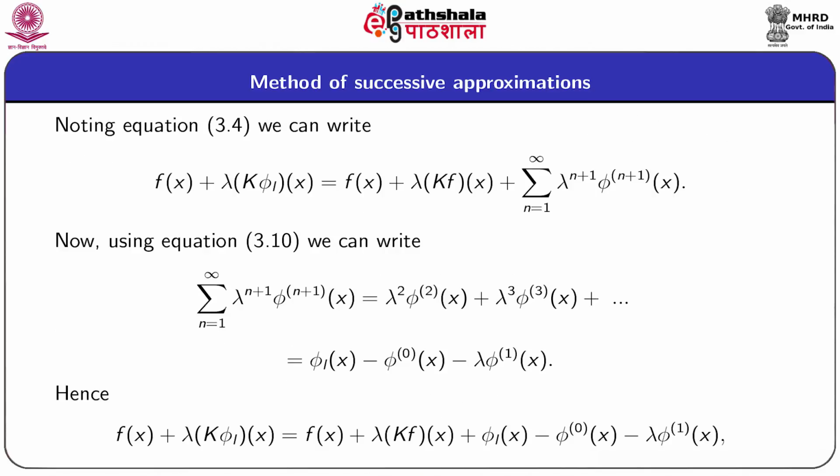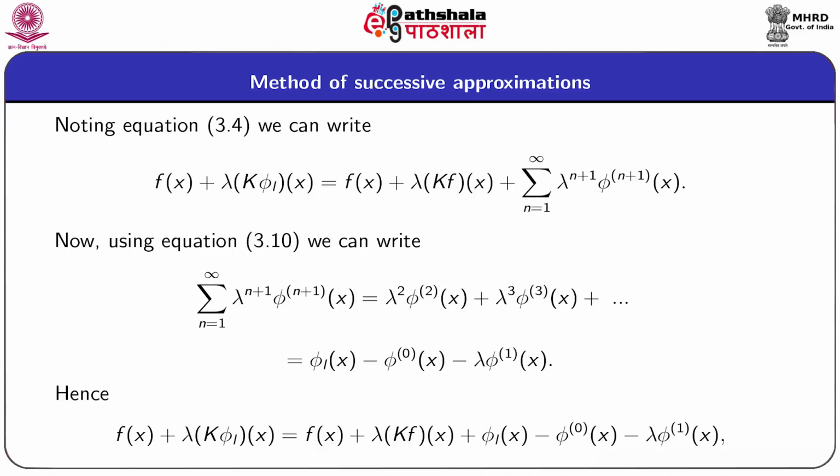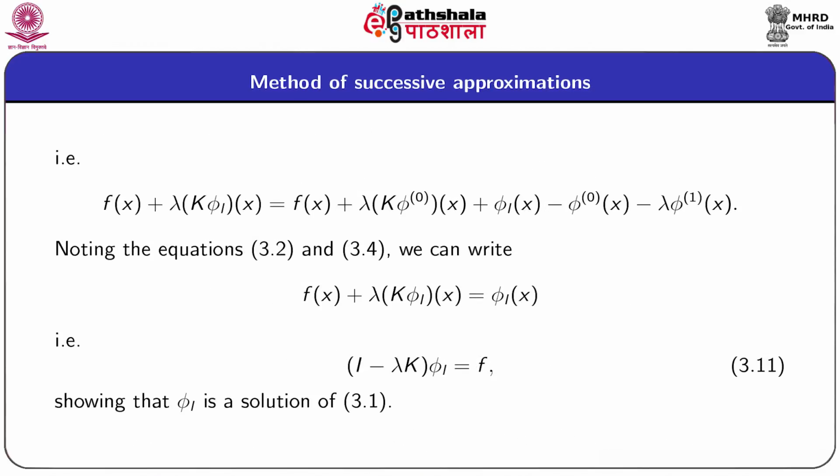Using this, we can write this summation as φ_L(x) minus φ₀(x) minus λ φ₁(x), so that this summation gets simplified by this term. So, if we use this term in place of this summation, we get the expression as this. That is, this expression can be written in this form.